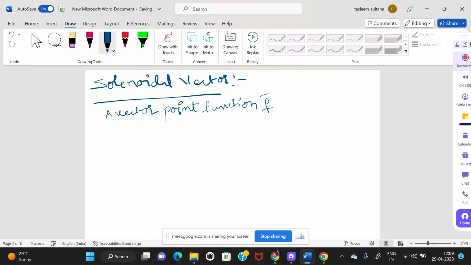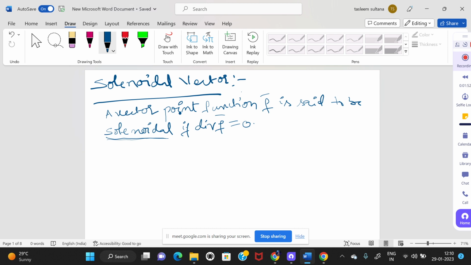F vector is said to be solenoidal if divergence of f vector is equal to 0. If we are getting divergence of f vector equal to 0, that will be called a solenoidal.